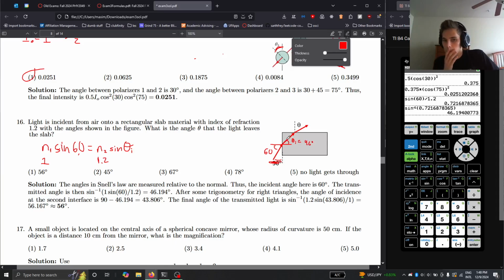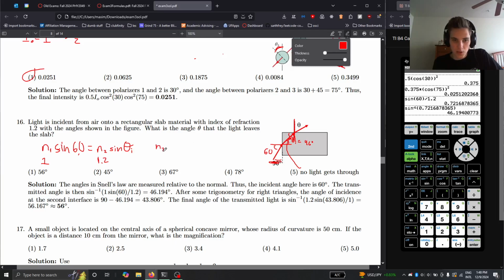Now, this angle is the same as this angle. It's true. But remember that for this law, we always care about the angle adjacent to the normal. So we want this angle in here instead. I know it's getting messy. We don't care about the angle we just calculated, but we want this angle in here.